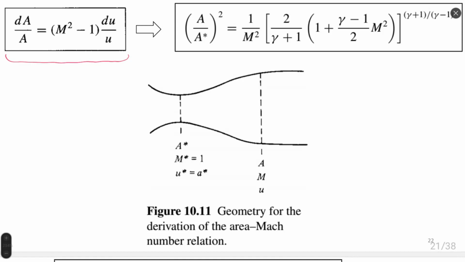And this equation, as we may see from the book, can be solved analytically, integrating left and right side with respect to a reference area, A asterisk, and substituting velocity by Mach number.